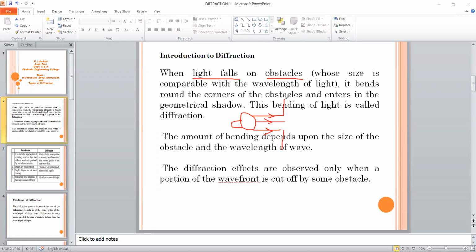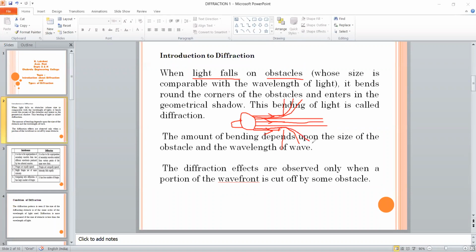At the corners of the obstacle, the light ray is bent to travel like this. Some of the rays travel in the same initial direction as usual, but still some of the rays at the corners are bent.